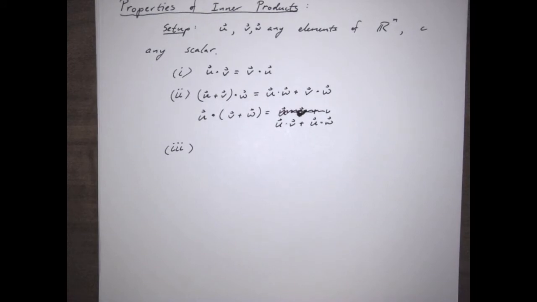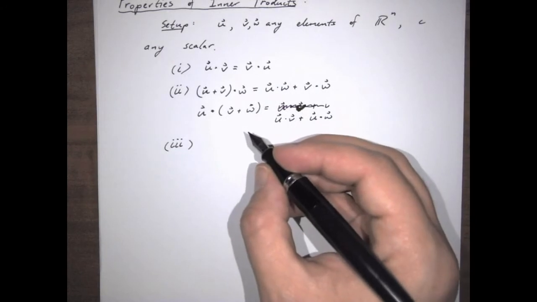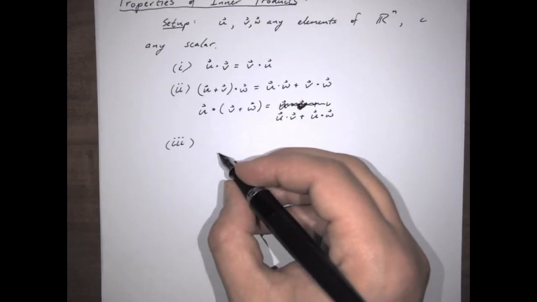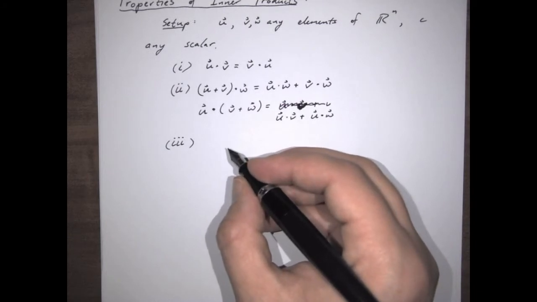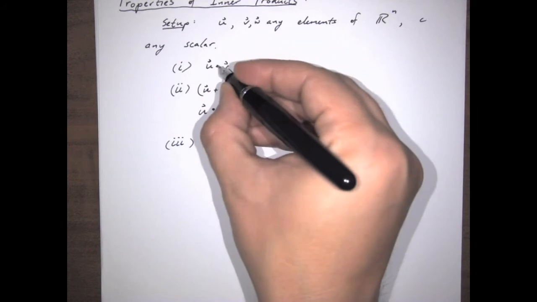Distributivity, by the way, is what makes a multiplication a multiplication. If it doesn't have a distributive property, then it's not really the kind of thing that we would typically write with some sort of notation that implies multiplication.